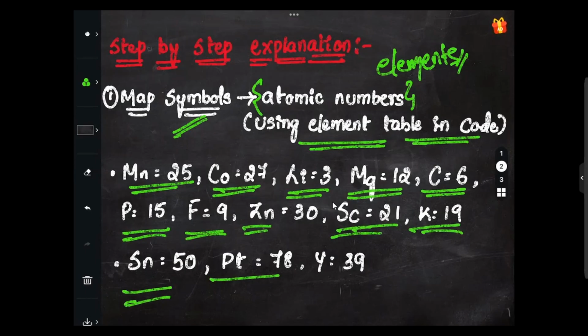I hope this is fine. These are the elements along with their symbols and atomic numbers. We are mapping the symbols to their atomic numbers here. Mn 25, Co 27, so on up to Y equals 39. Very simple. This is the first step.